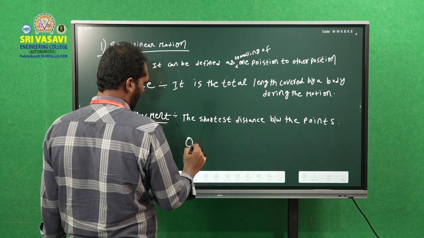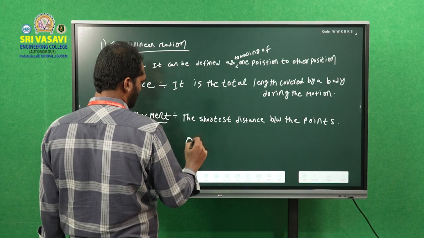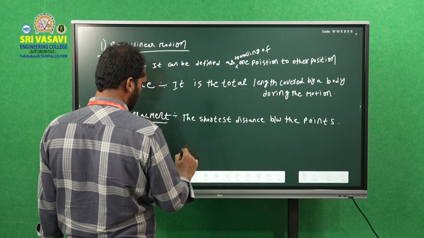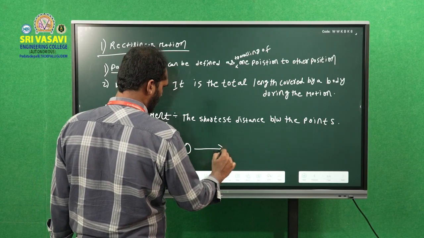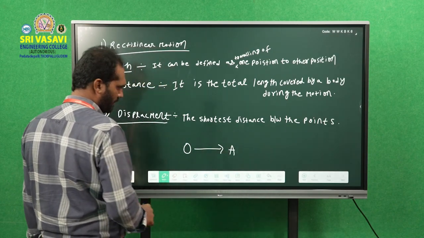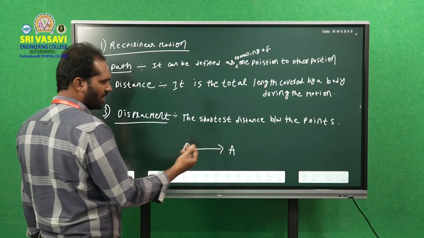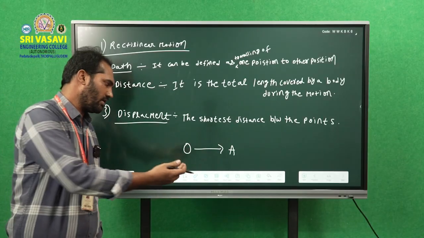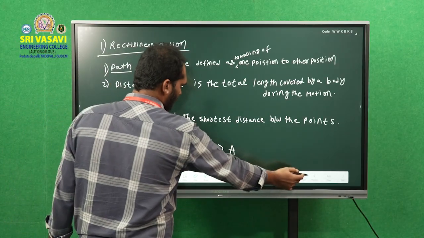One object is traveling from O to A. The object may be a car or a ball, anything we can consider.